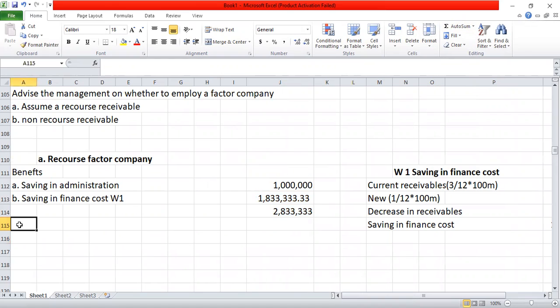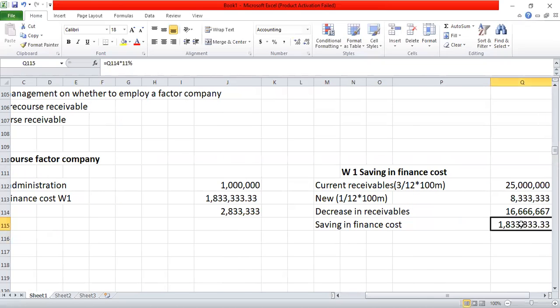Then the costs, we are having the commission, which is 2%. I think it's 1.8, this one. That's what we have got. Saving in finance cost at 11%.